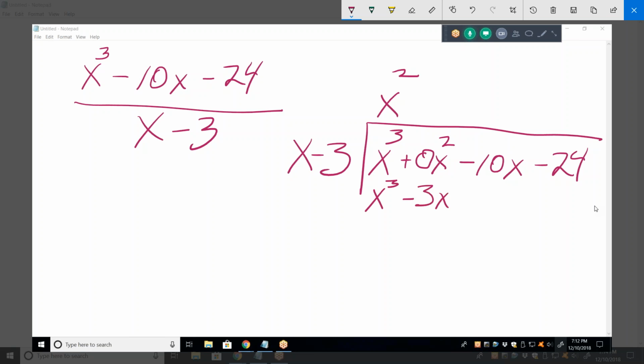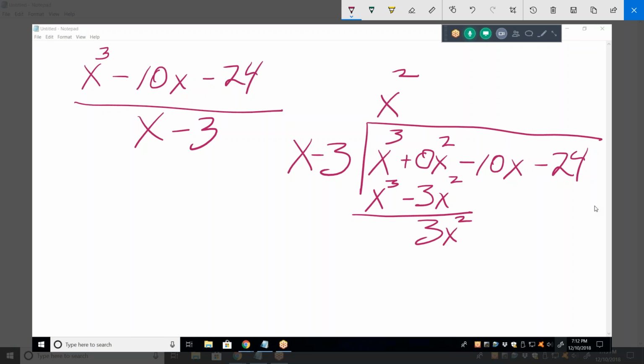Now you can kind of see why we got that dummy thing in there, because you have to subtract these two now. Remember, long division, you're always subtracting. So what do you got? X cubed minus x cubed is 0, as it always will be. But what is 0x squared minus negative 3x squared equal to? 3x squared. Okay.